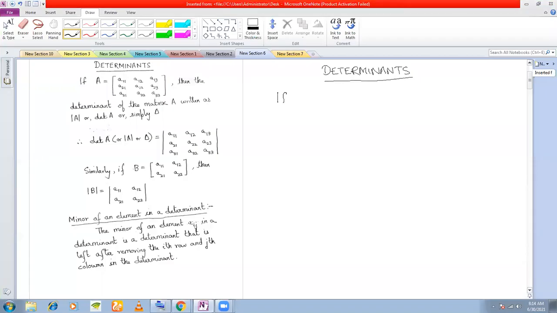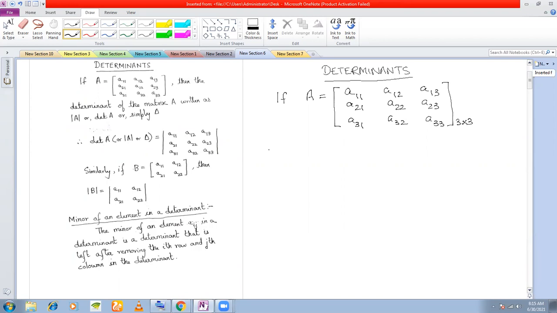Suppose I give you a matrix A whose elements are... a square matrix of order 3.